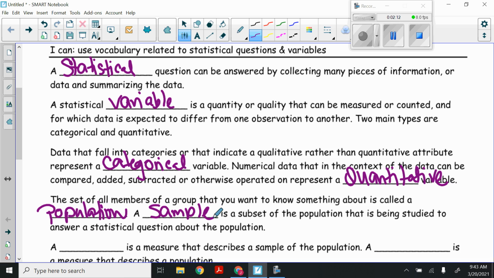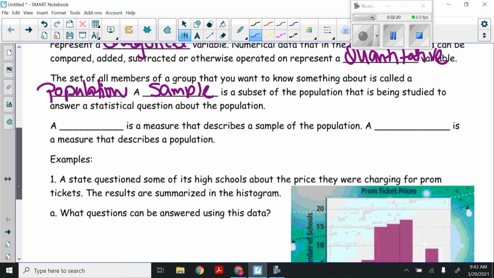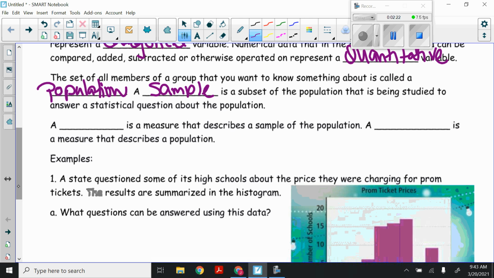If you only pick out a few of that population, that is referred to as the sample. A statistic is a measure that describes a sample of the population. A parameter is a measure that describes the population itself.